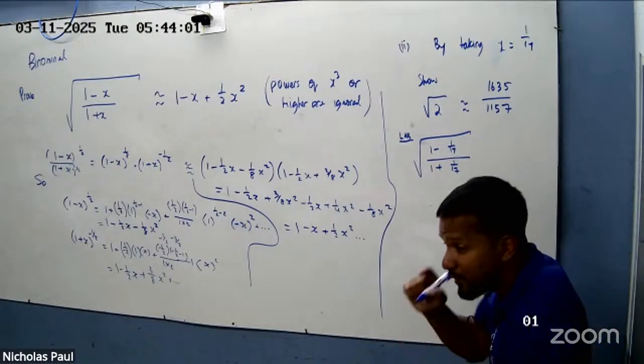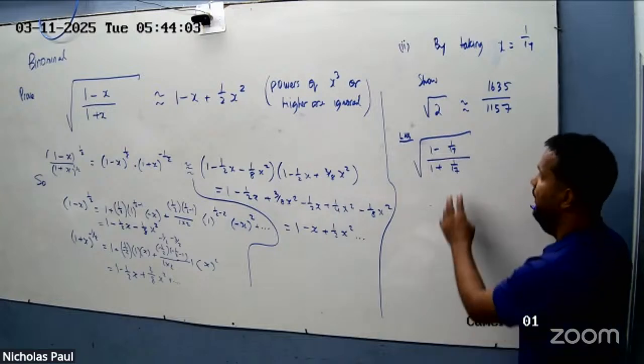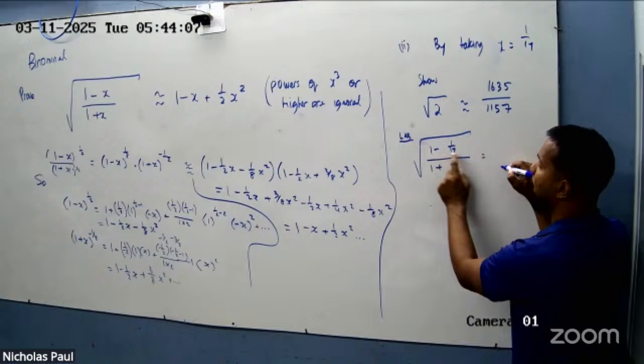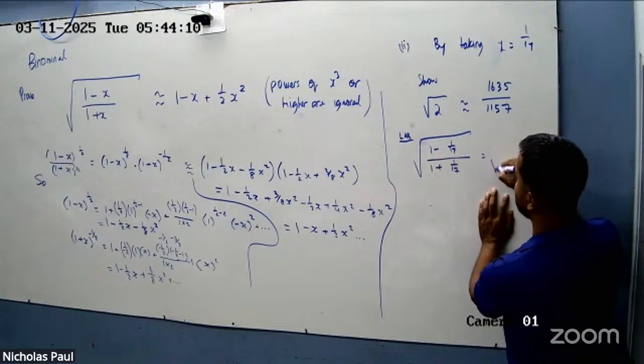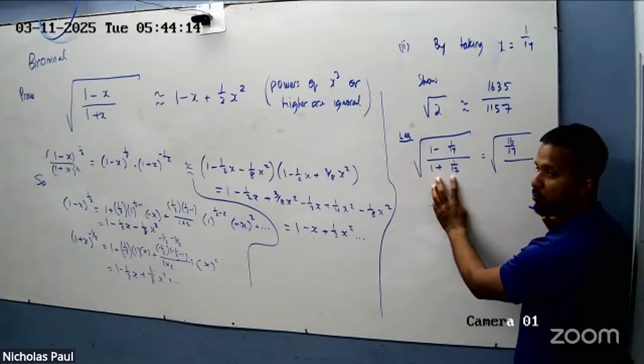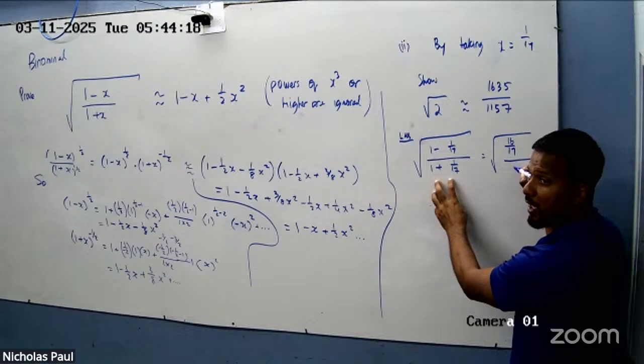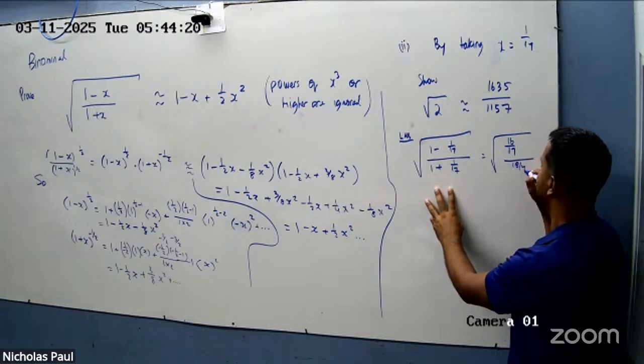Right. So watch this here. When you plug in this here, what are you getting? 1 minus 1 on 17 is what? 16 on 17. And what about here? What do you get underneath here? 18 on 17.